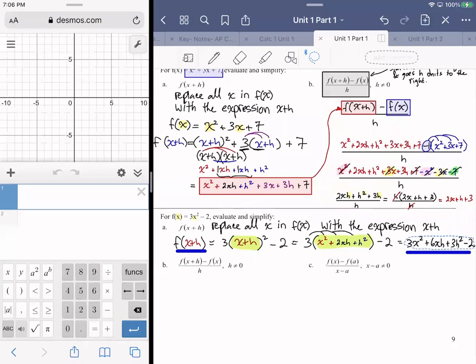I'm going to snag this. So this is this. I'm going to subtract from that f of x, put the whole thing over h, and then simplify.